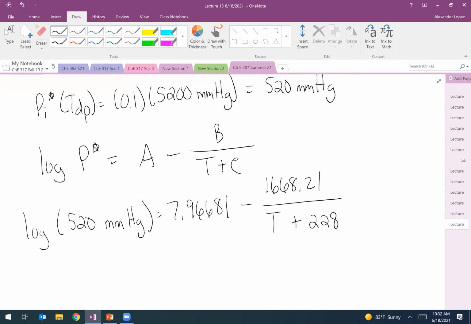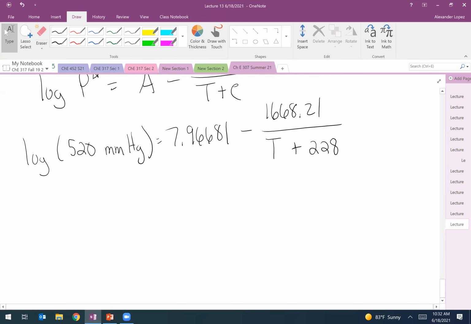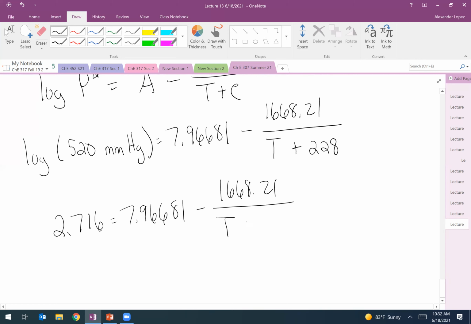So I just have to solve this for T. So log of 520. And I like doing things in steps, even though it wastes paper. It keeps me from screwing up a lot of times. I have 2.716 equals 7.96681 minus 1668.21 over T plus 228.